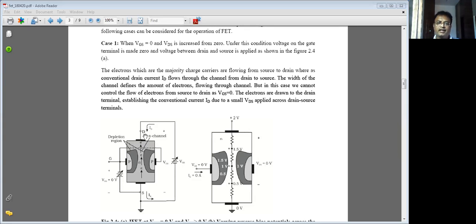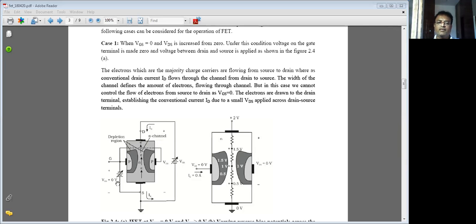I said drain is nothing but the overhead tank and S is nothing but the sink. So always water flows from the overhead tank to the sink. This is the current. But the electron current is just opposite to the conventional current. So this shows the electron current, and this is the conventional current.